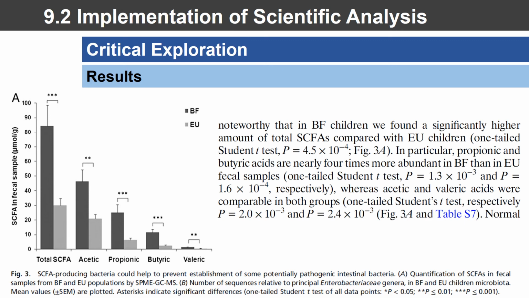That's interesting. One of the things I've taught you in the first video to think about is looking for sentences or statements in the results that don't quite match the actual figures.